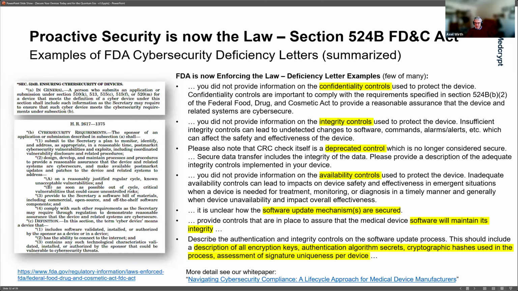Having said that, FDA action, as well as the current FDA pre-market guidance, are deeply rooted in the FD&C Act, and the FD&C Act is law, right? So FDA has the legal mandate and the legal authority to enforce cybersecurity, and a law is not changed that easily.